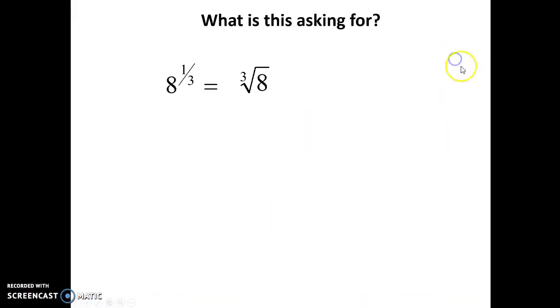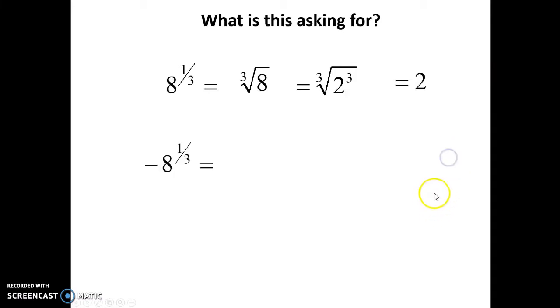You really need to know how your calculator works here. What does this mean? The negative out front, see that 1/3 exponent? That 1/3 exponent applies only to the base of the 8, but not the negative sign.